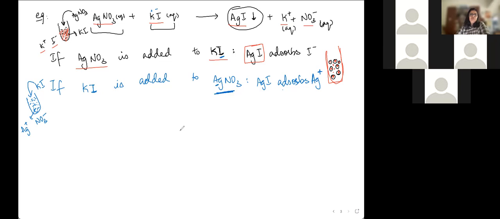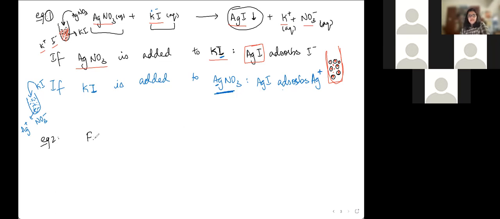So you have to see what is already present before you add the other thing. KI is already present, meaning that will be there that way. So I'll give you another example. So one, this will be two.